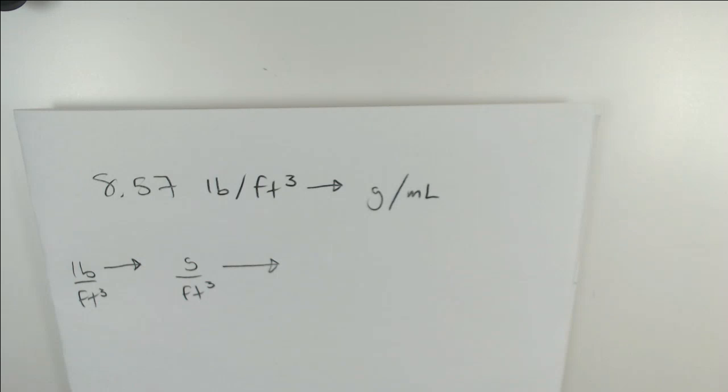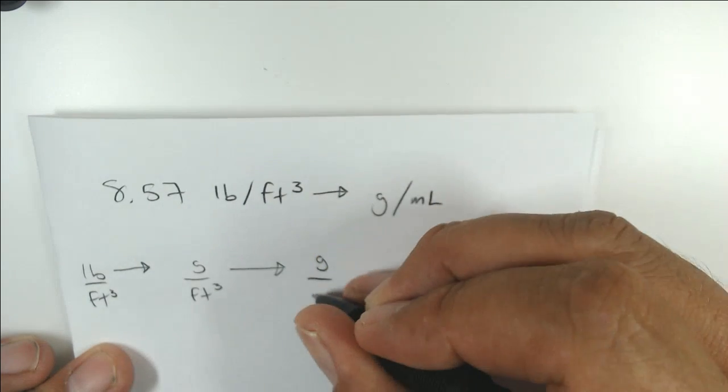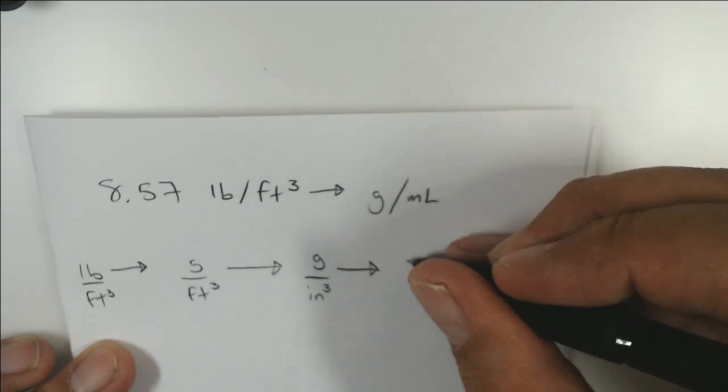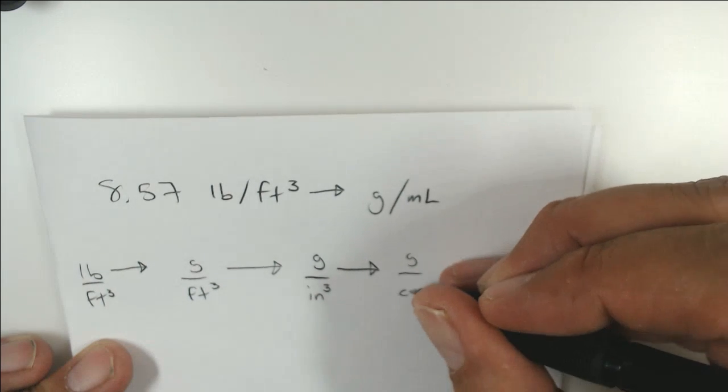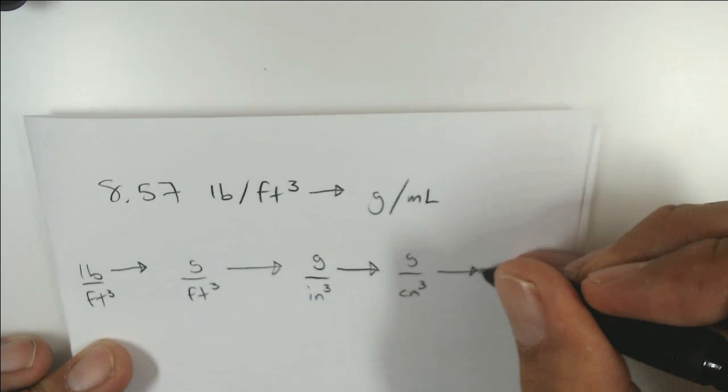I'm thinking we'll probably get to centimeter, and you'll see why here in a moment. But before that, we should probably go to inches first. So I'm going to go from feet cubed to grams per inches cubed. And then from there, I'm going to go to centimeter cubed. And then lastly, grams per ml.